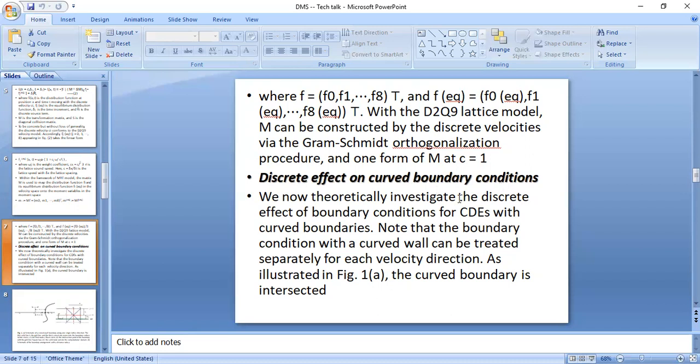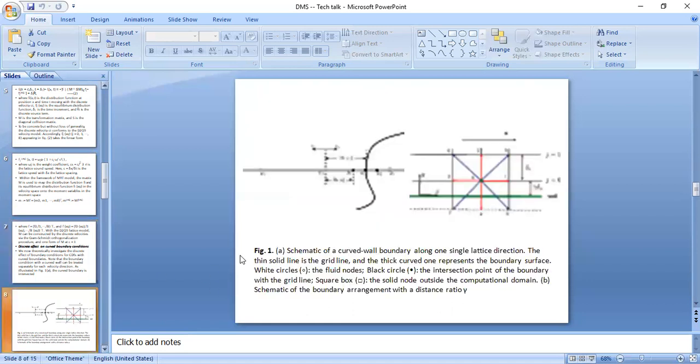We now theoretically investigate the discrete effect of boundary conditions for CDEs with curved boundaries. Note that the boundary condition with a curved wall can be treated separately for each velocity direction. As illustrated in figure 1a, the curved boundary is intersected. As you can see in the figure, the first one shows a schematic of a curved wall boundary along one single lattice direction.